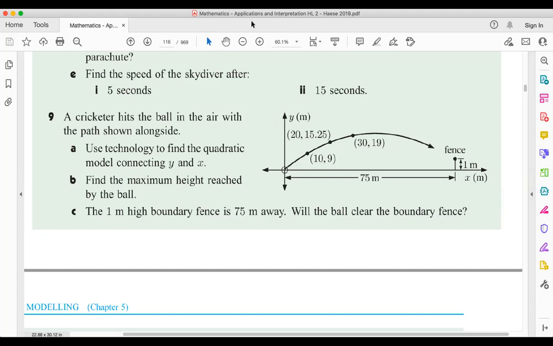Since it passes through (10, 9), (20, 15.25) and (30, 19), let's say the quadratic is ax squared plus bx plus c. You plug x as 10 and y as 9.